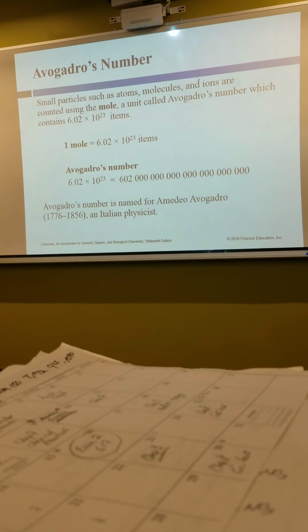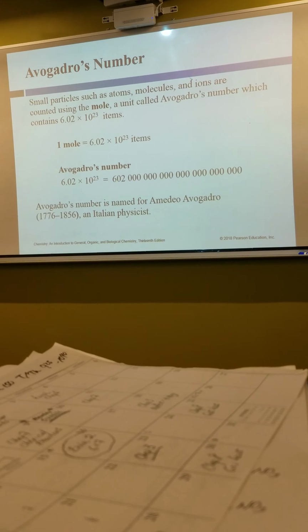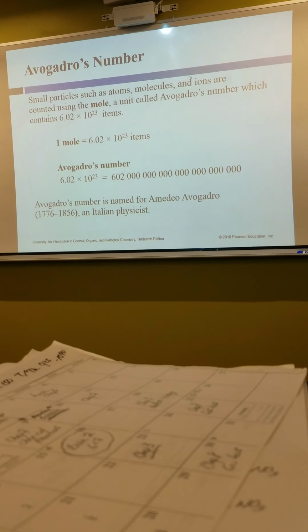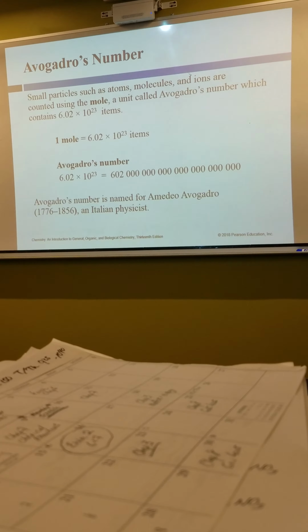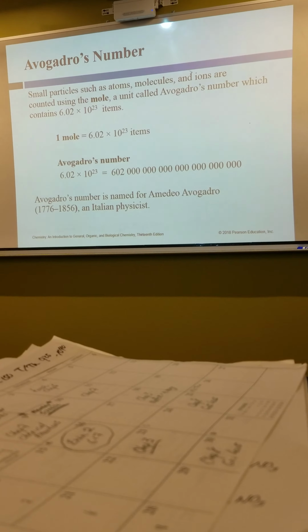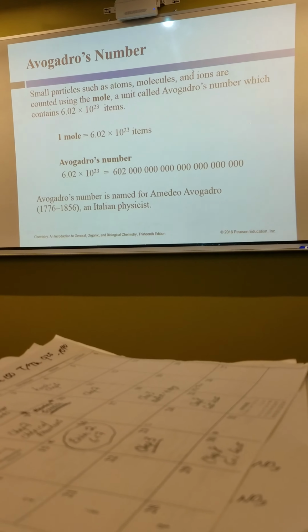That's a lot. If you had 6.02 times 10 to the 23rd pennies, would you be here right now? Nope. You'd probably own your own country, wouldn't you? Right? So Avogadro's number, there he is, an Italian physicist, Amadeo Avogadro, or the students call him avocado.